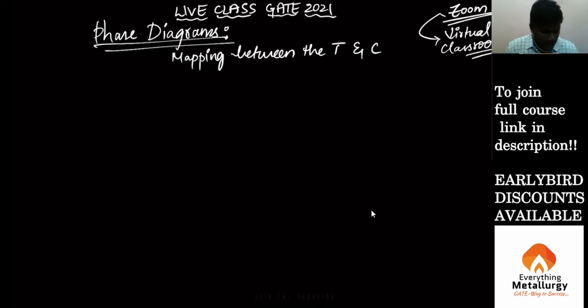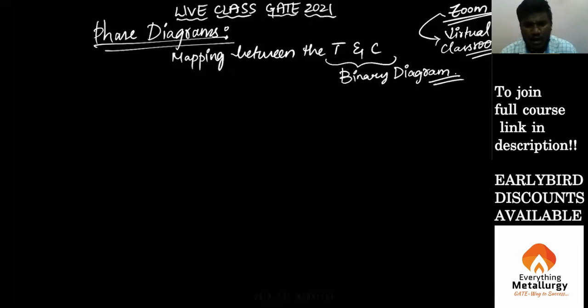We use the terms temperature and concentration because usually we are bothered about binary diagrams. These two are the main degrees of freedom which we use to draw a binary diagram.